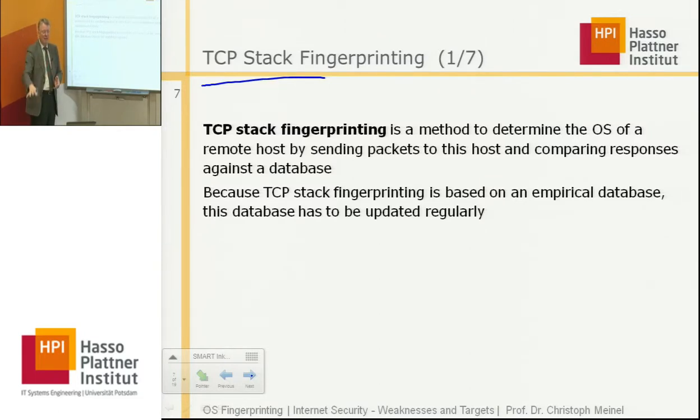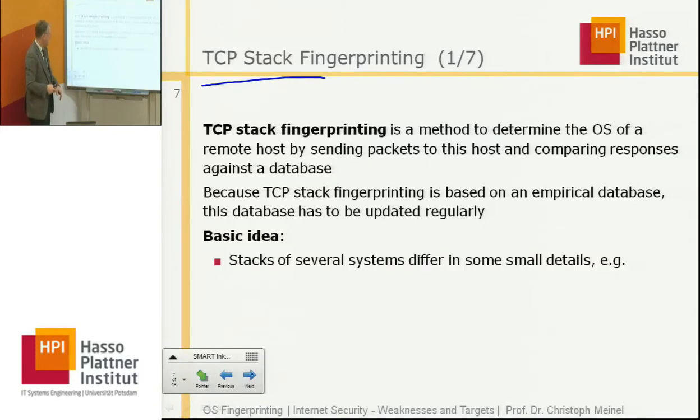So there are databases, I show some examples later, which exactly say if there is a response in this way, then it's a Windows operating system. If it's responding to a certain message in this way, then it's a Linux system.